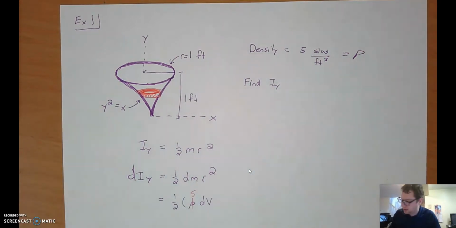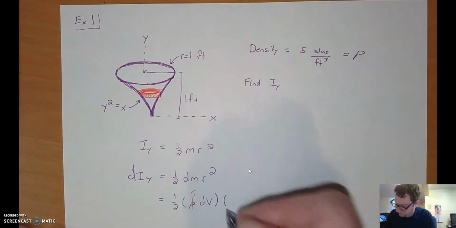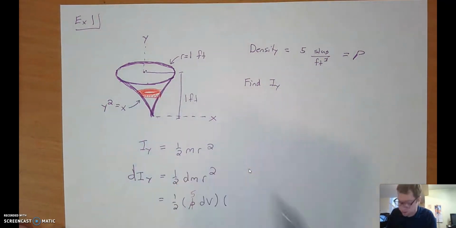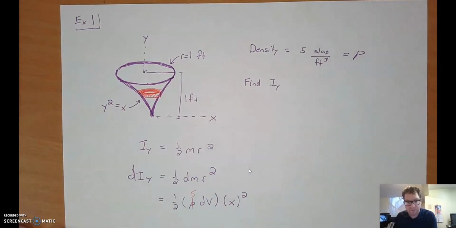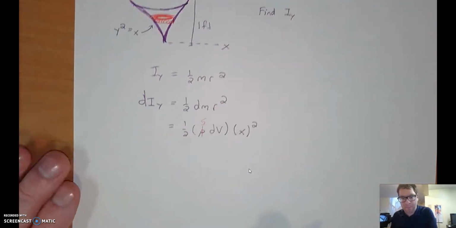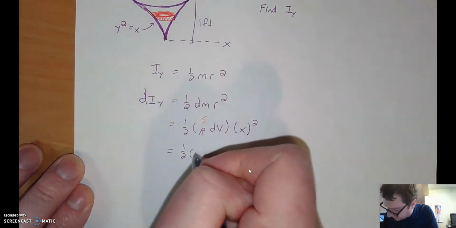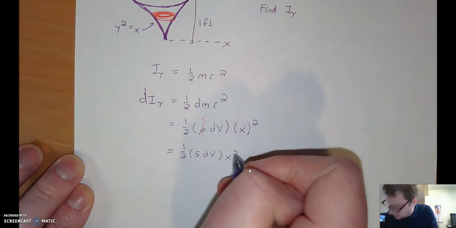So it's 5 slug per cubic foot. And then R, well, our radius of our disk is going to be defined in this x direction, so we can just call this x squared. All right, so let's keep cleaning this up. So we have 1/2 times 5 dV x squared.